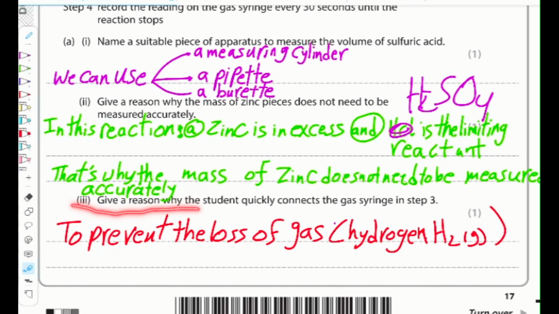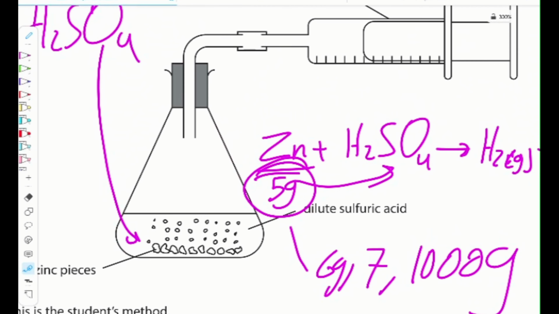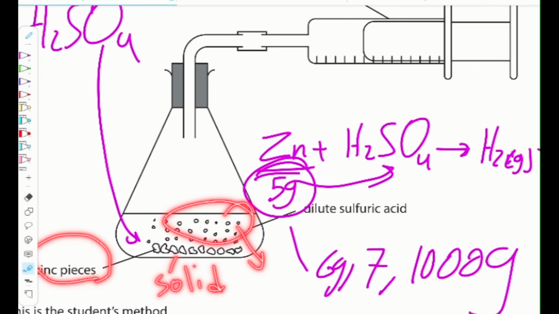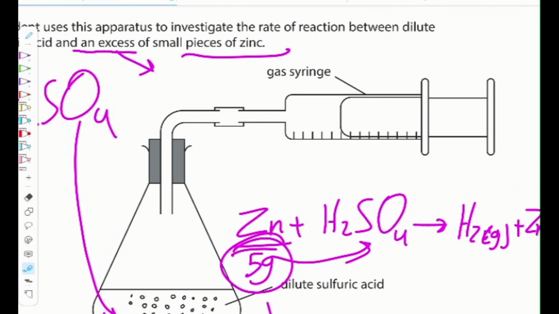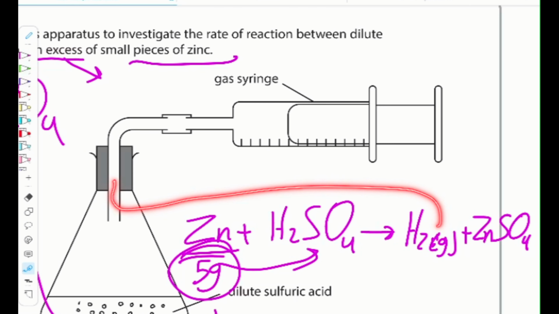Give a reason why the student quickly connects the gas syringe in step 3. Generally, the reaction between pieces of zinc, which is solid, and the liquid solution of dilute sulfuric acid will emit the hydrogen gas. So the hydrogen gas will leave.